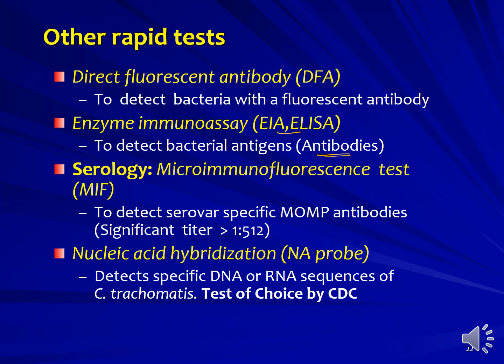Serological tests available include the microimmunofluorescence test or MIF to detect serovar specific MOMP antibodies, that is major outer membrane protein antibodies, and the significant titer is considered as 1 in 512. And the nucleic acid hybridization test or NA probe test is the test of choice by the CDC, where we can detect specific DNA or RNA sequences of Chlamydia trachomatis.